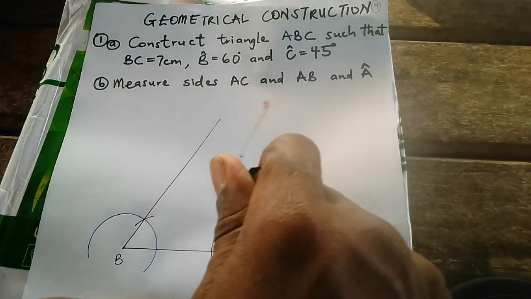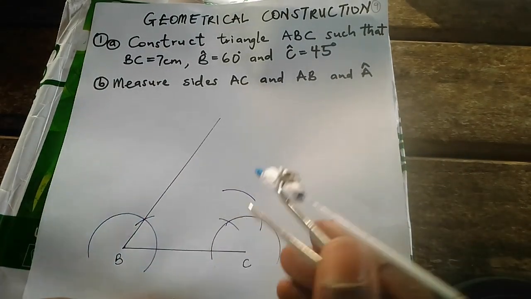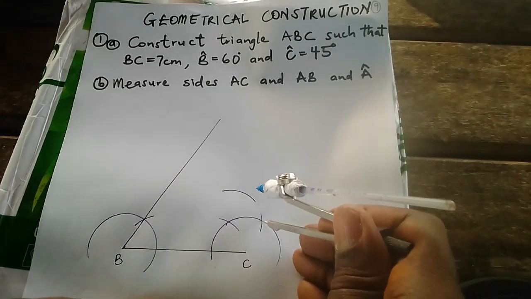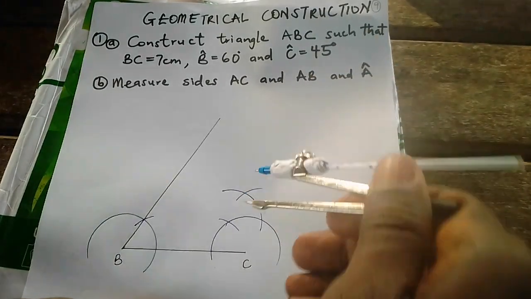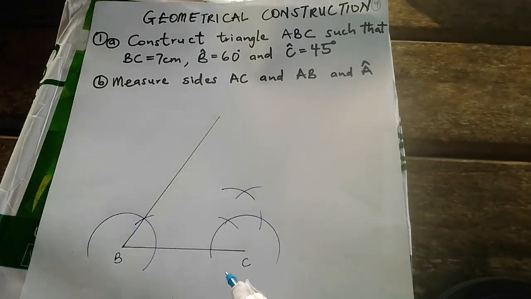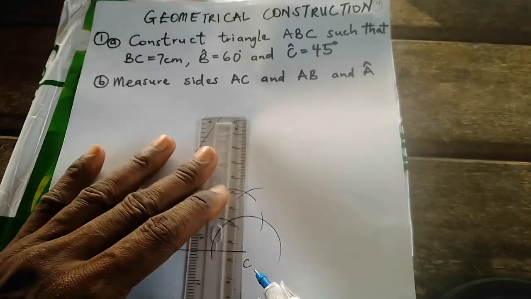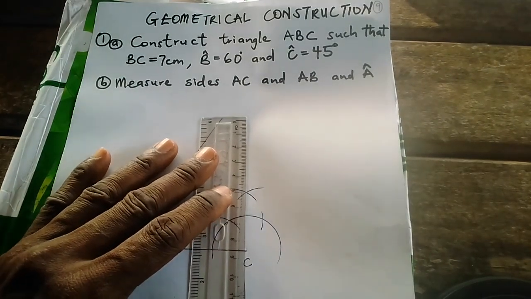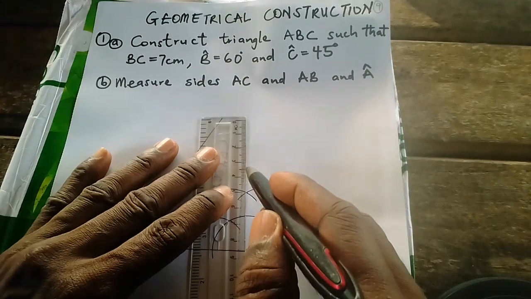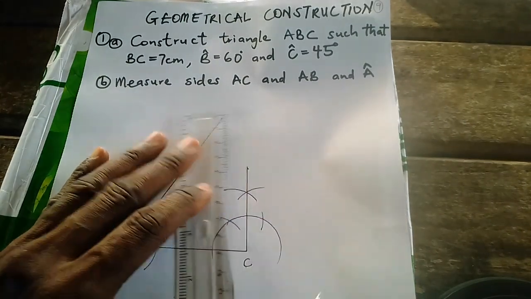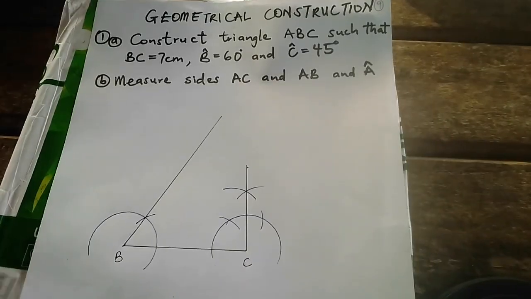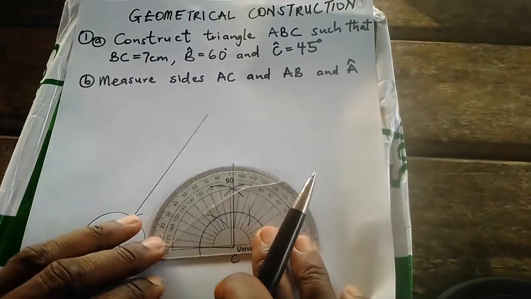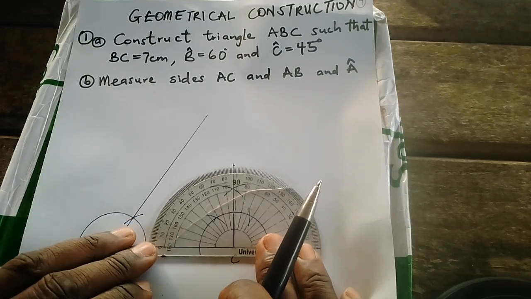I will strike the arc up here, then put it here to strike another arc to give me angle 90 degrees. Now this gives me angle 90 degrees.